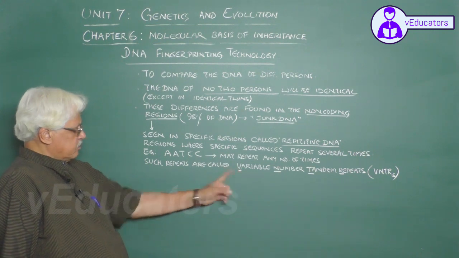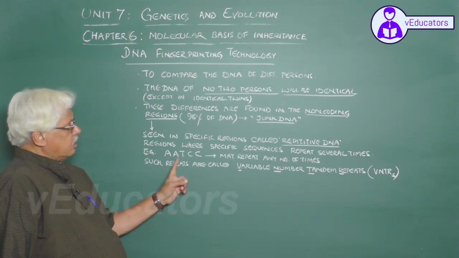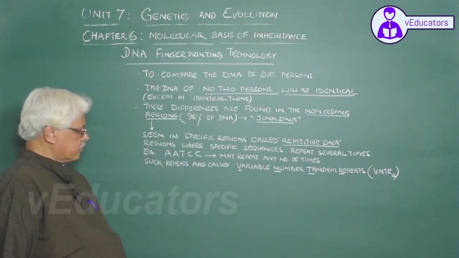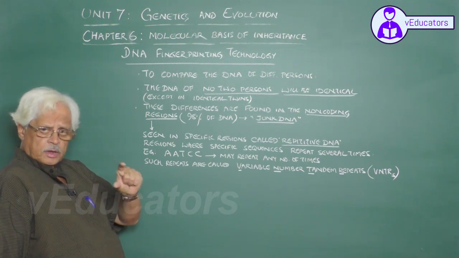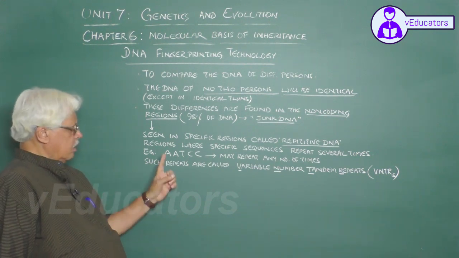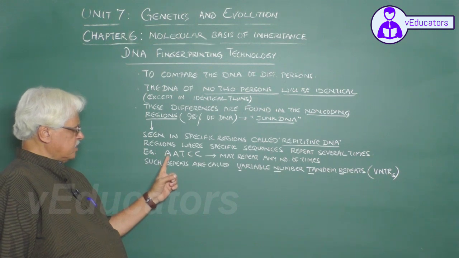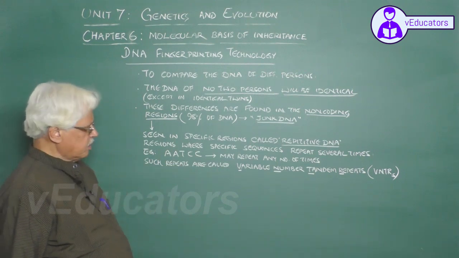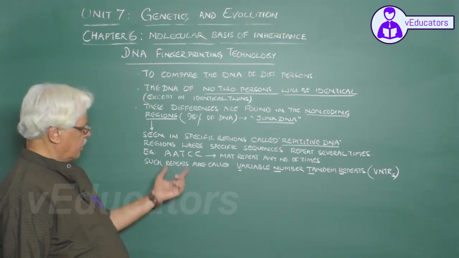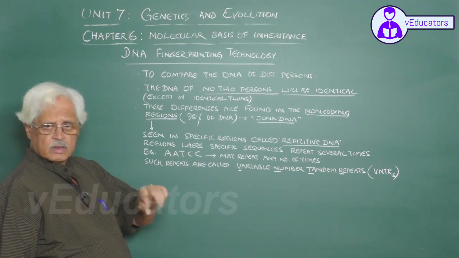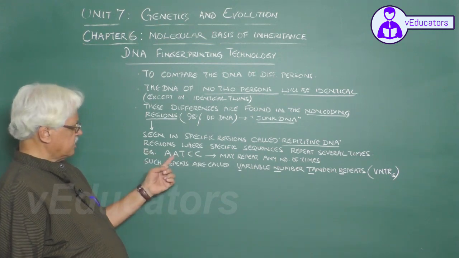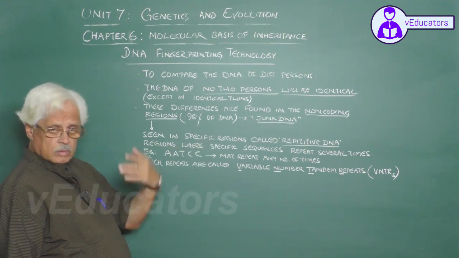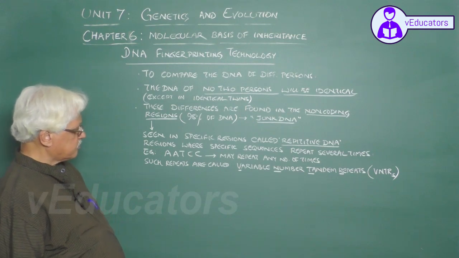For example, if we are comparing the DNA of two different persons in a specific region, in the DNA of one person, this sequence AATCC may repeat, let us say, about 15 times, and in the same region of DNA in another person, this sequence AATCC may repeat 20 times, 30 times, and so on.